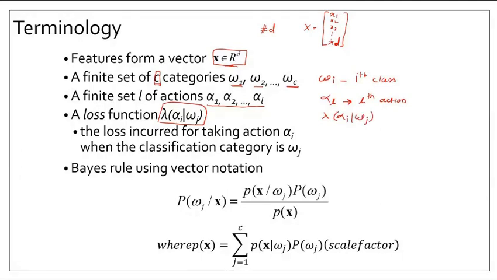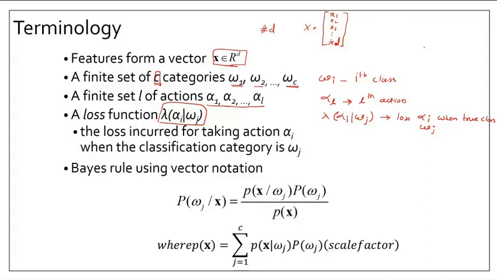I will explain this. This is the loss when I take action alpha i when the true class of my sample is omega j. Alpha actually relates to taking a decision in favor of, say, the ith class.